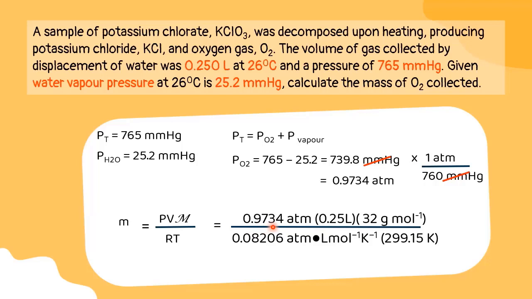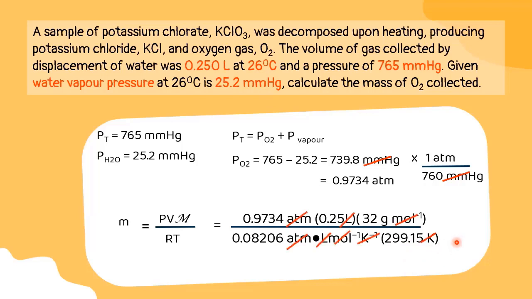This 0.9734 atm belongs to the partial pressure of O2, followed by the volume 0.25 liter, and then this 32 gram per mole belongs to the molar mass of O2. Then this 0.08206 atm liter per mole per K is the gas constant. Lastly, our temperature is 26 degrees Celsius. We need to first change it to Kelvin, which becomes 299.15 Kelvin.